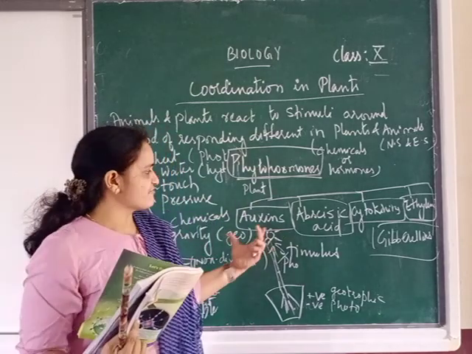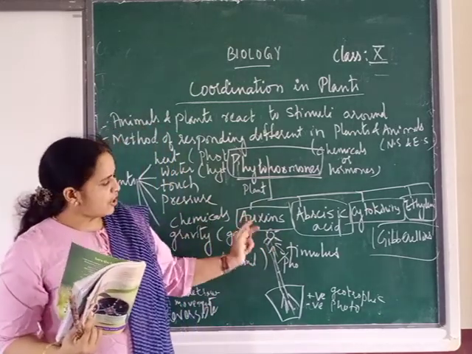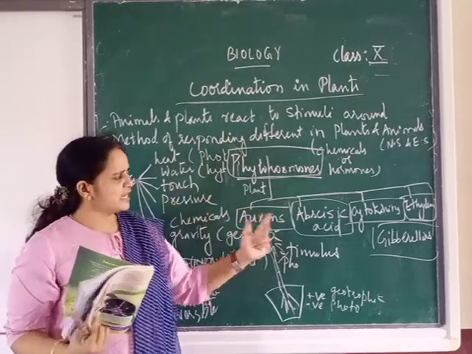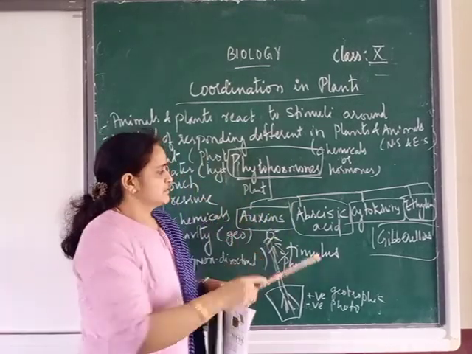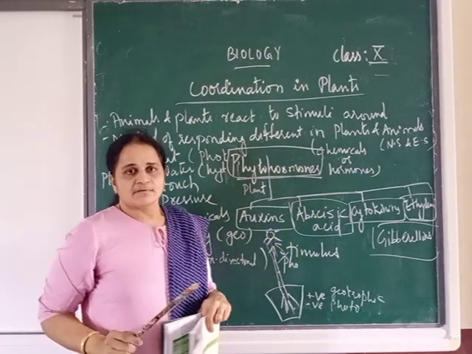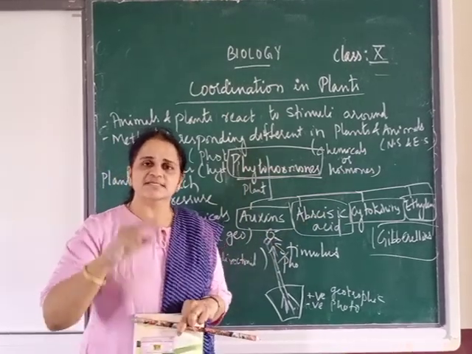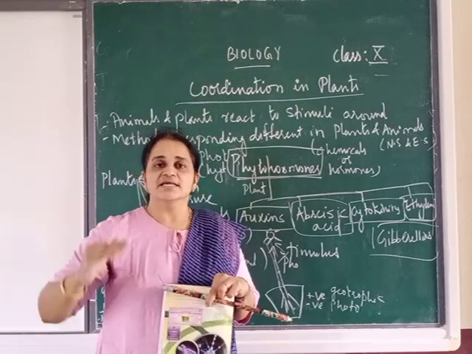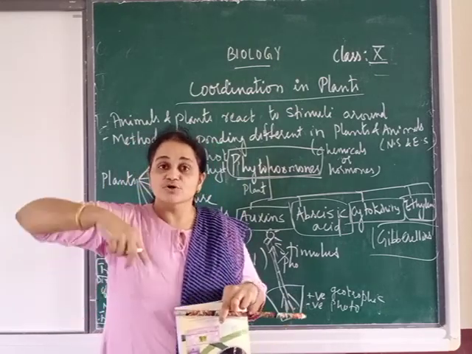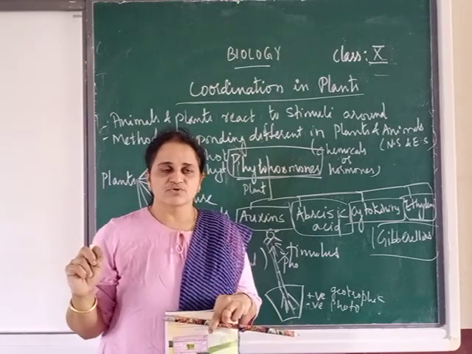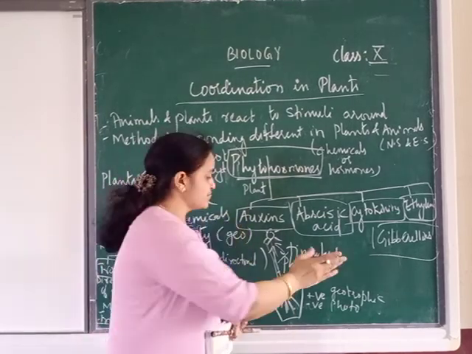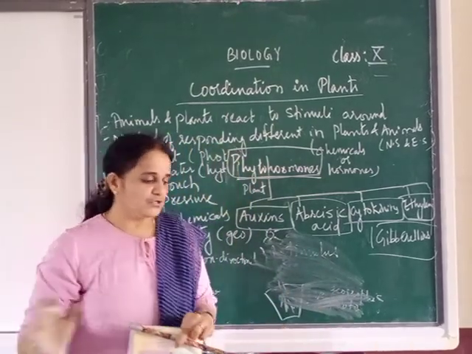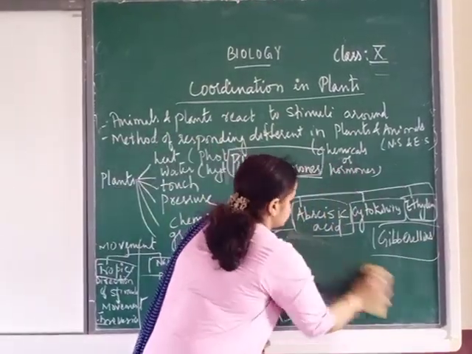Now from these 5, all help in the growth of plants. All are helping except this one, abscisic acid. What abscisic acid does is help in the falling of leaves. That means it has a negative effect on the growth of plants. So which is the growth inhibitor here? See, they will ask you in the form of a table. How will you remember the table?